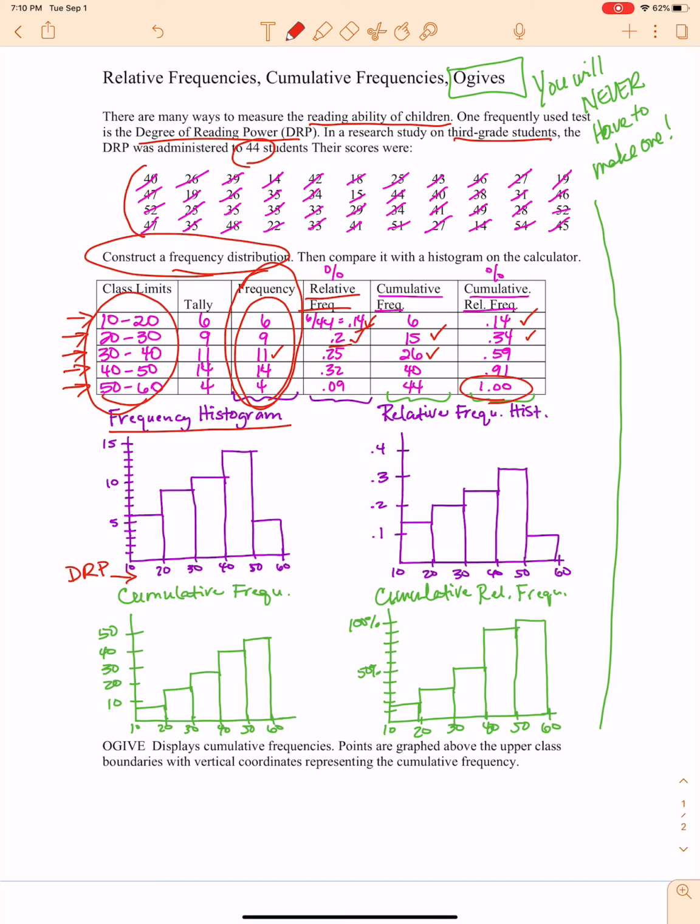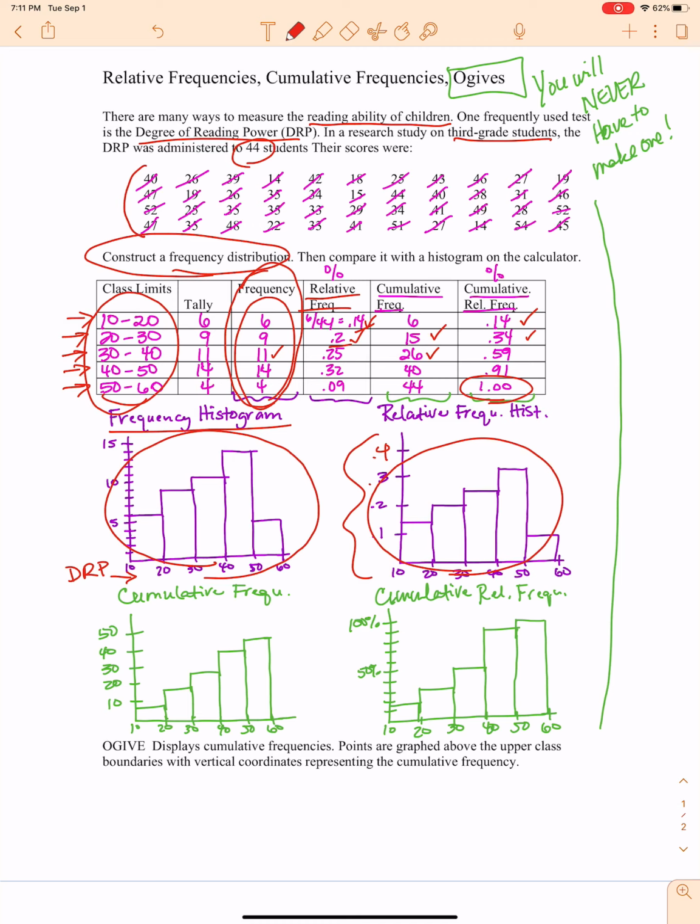All right, now if you'll look at the relative frequency histogram, all I've done is changed my y-axis to reflect relative frequency. In other words, percentage. So notice that this looks exactly like that. Isn't that magical? That's because the counts and percentages are still going to have the same layout.